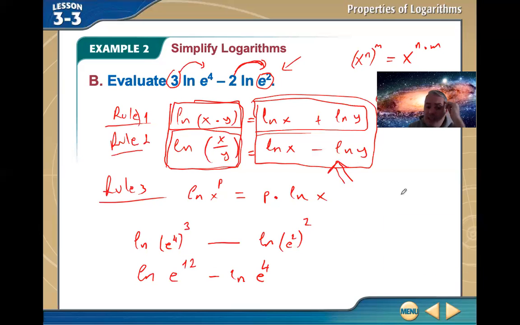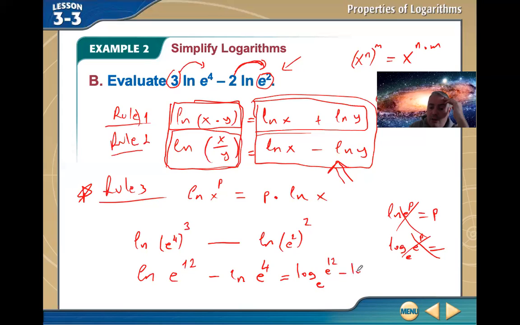I know this rule: ln e to p is directly p. ln means logarithm to the base e, and the power rule, rule number 3, says so. So ln e to 12 means logarithm to the base of e to 12, and logarithm to base of e to 4.